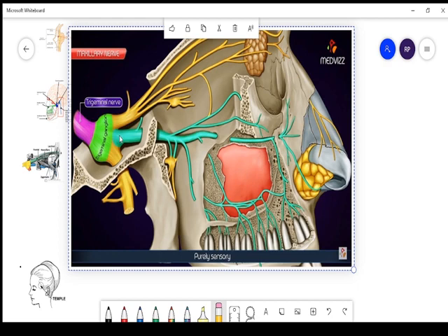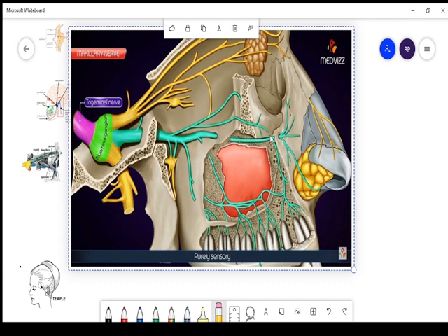It comes from the trigeminal ganglion, passes through the middle cranial fossa and then leaves it through a foramen known as the foramen rotundum. Then it comes to the pterygopalatine fossa, runs through the upper border of the pterygopalatine fossa, and then enters the orbit through the inferior orbital fissure, and then runs straight.